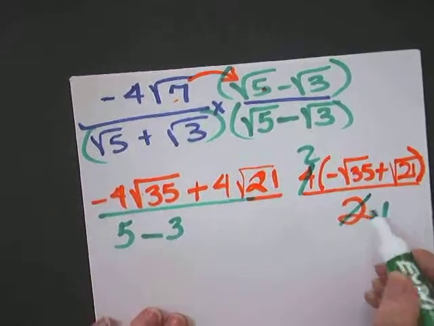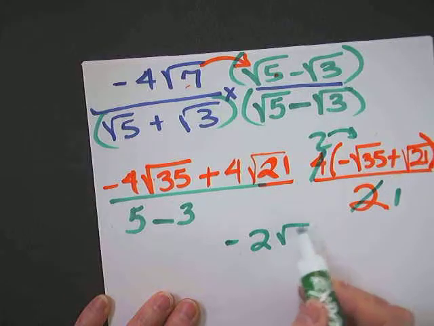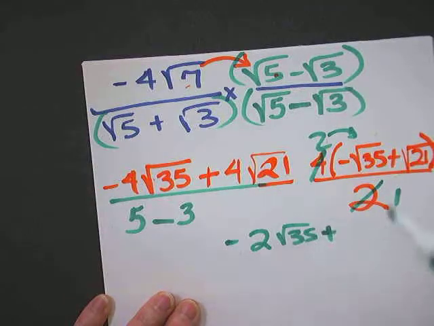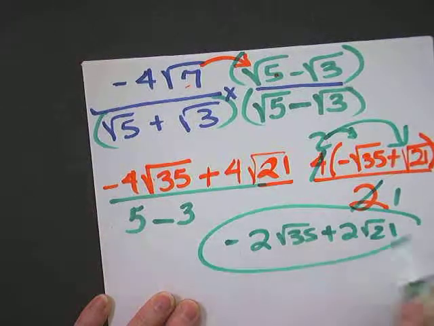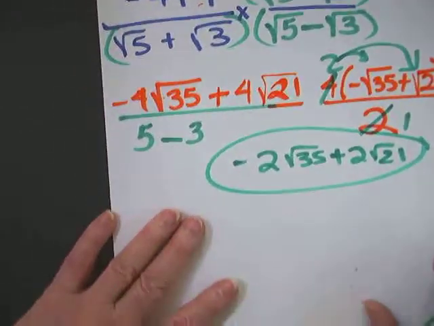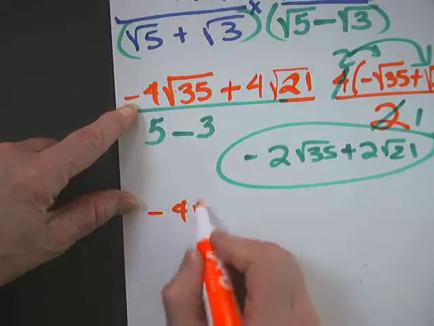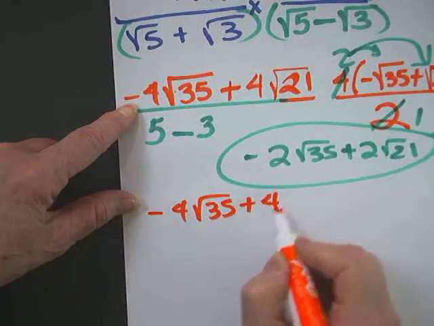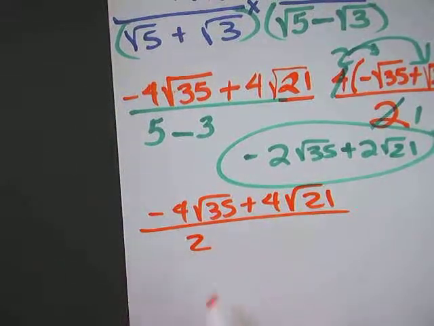Still have negative. You know what, they didn't factor it out though. They just divided each one of these by 2. Well, we can factor it out. We're going to have negatives this plus, no 4 no more, square root of 21.